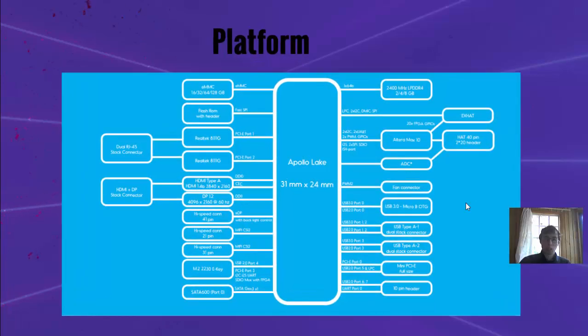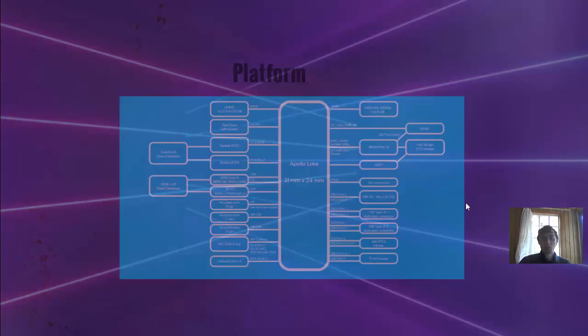The platform underneath is Apollo Lake. It's not the latest fashionable platform, but at least it gives me the ability to use the GPU and CPU properly. It has a couple of CPU cores and 18 GPU units inside, and quite a good chunk of memory, which is fast memory as well.